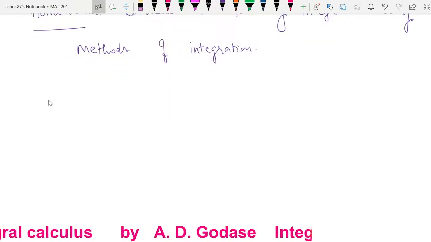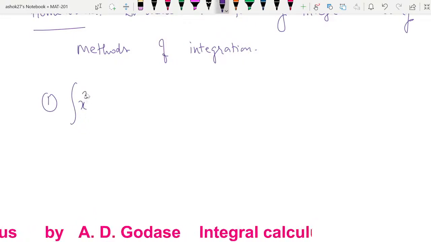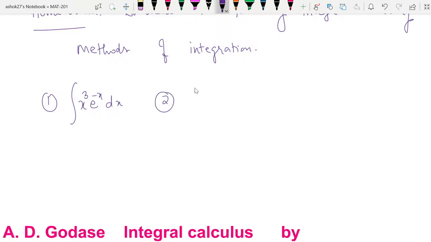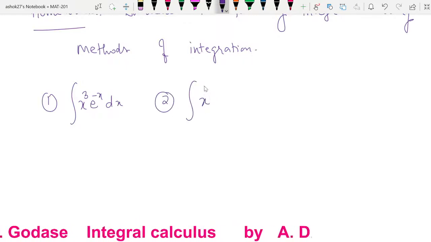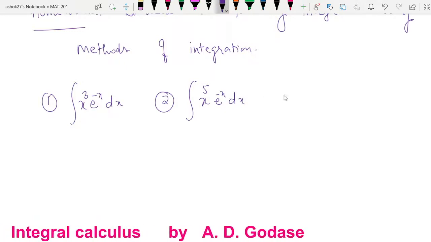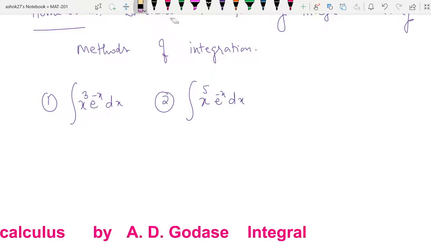First, integrate x cube e raised to minus x dx. Second, evaluate integration of x raised to 5 e raised to minus x dx.